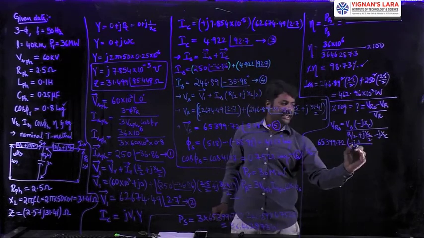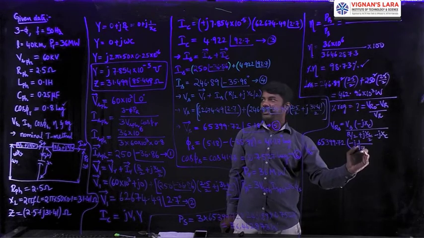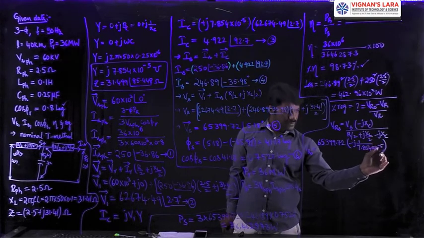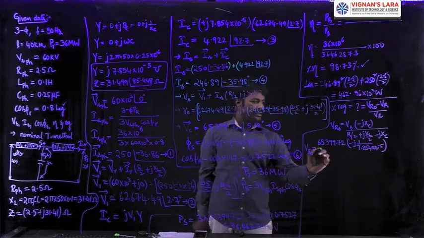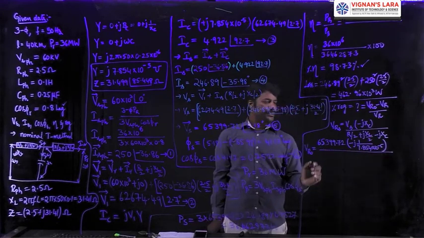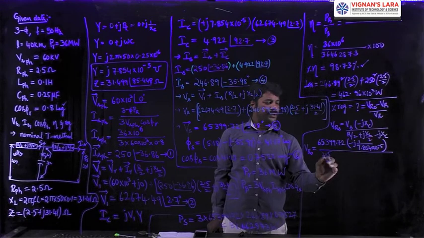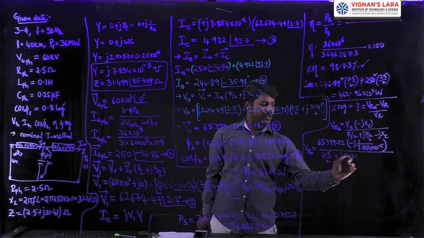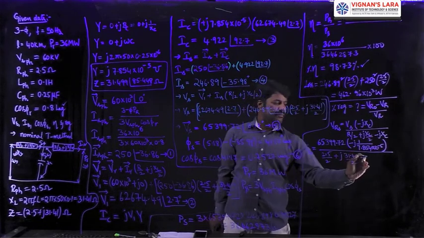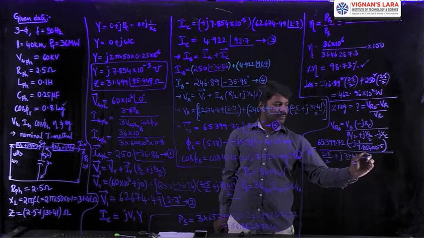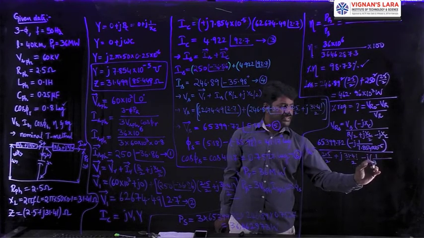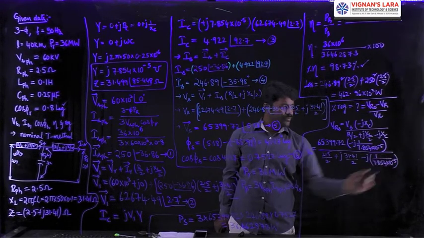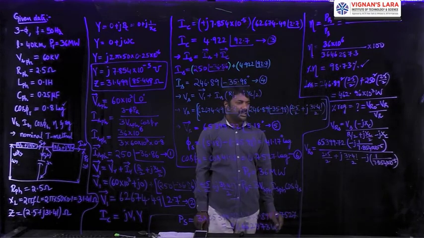The same thing I am using here. This is minus jXC divided by R by 2, which is 2.5 by 2, plus j XL by 2, 31.41 by 2, minus j XC, where XC is 1 by 7.854 into 10 power minus 5. Simplifying this in the calculator, you will get the VR naught value.